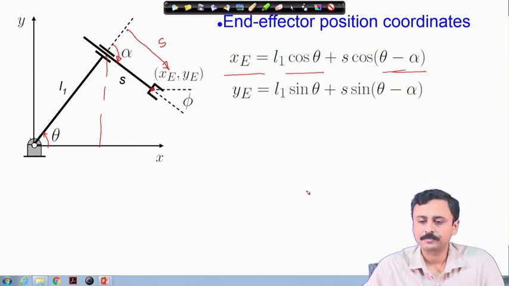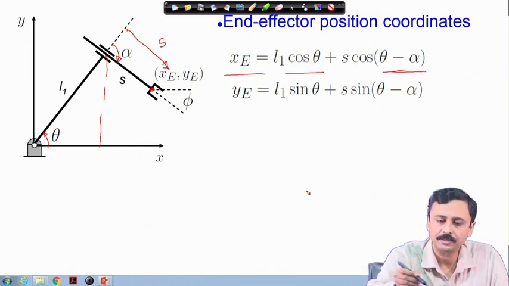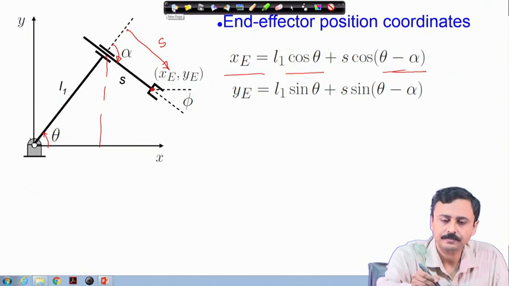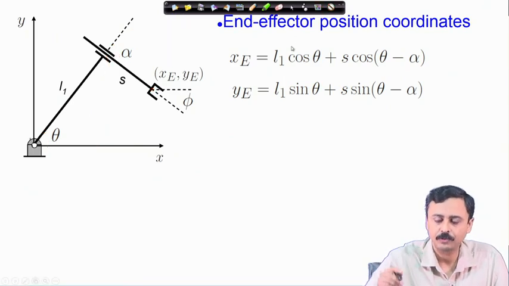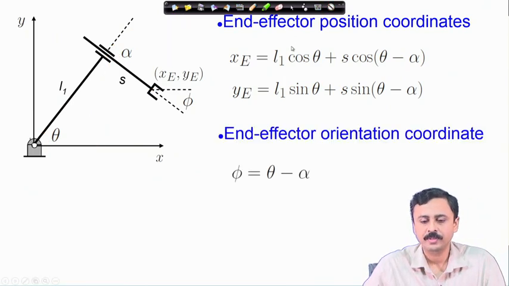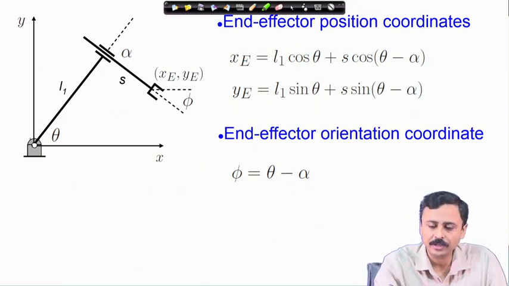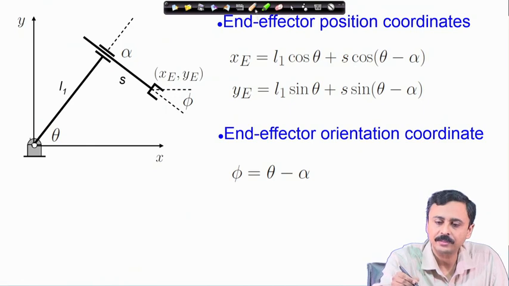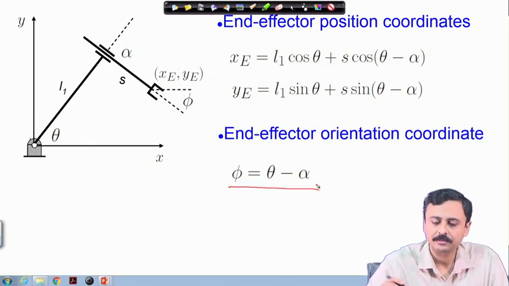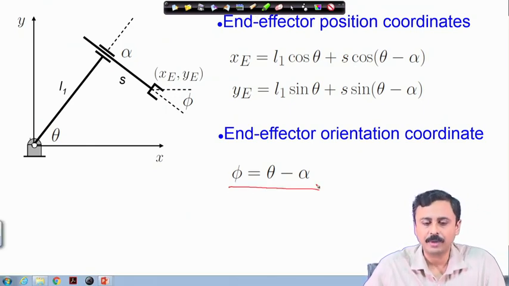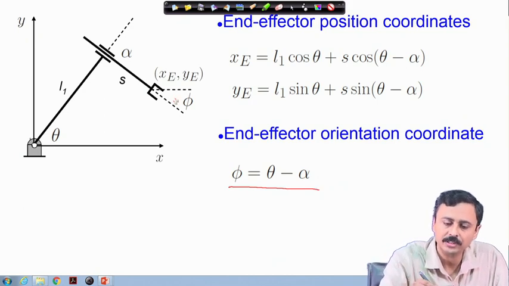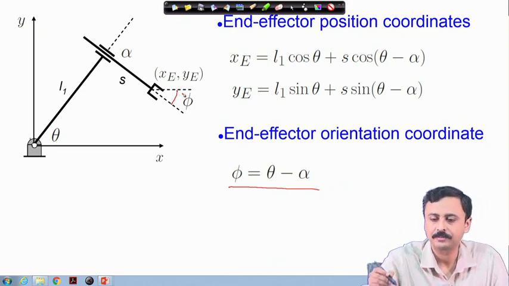So, therefore, it is theta minus alpha. Now, this is the end effector orientational coordinate. So, here also you find that phi is theta minus alpha. So, that is the orientational coordinate.